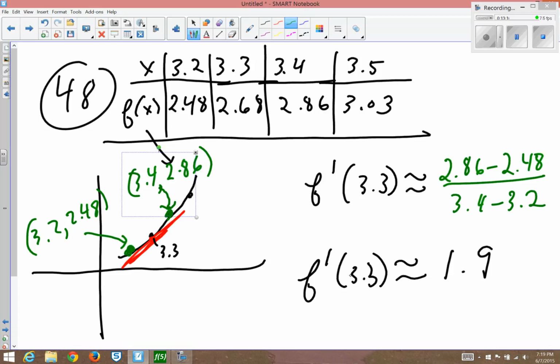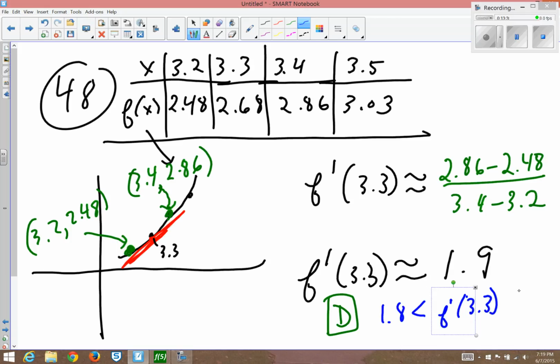And so since f prime of 3.3 is approximately 1.9, we're going to pick choice D, because 1.9 is between 1.8 and 2.0.